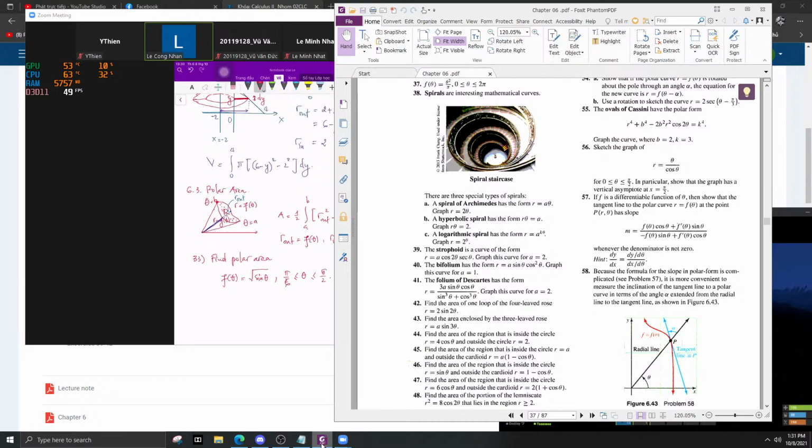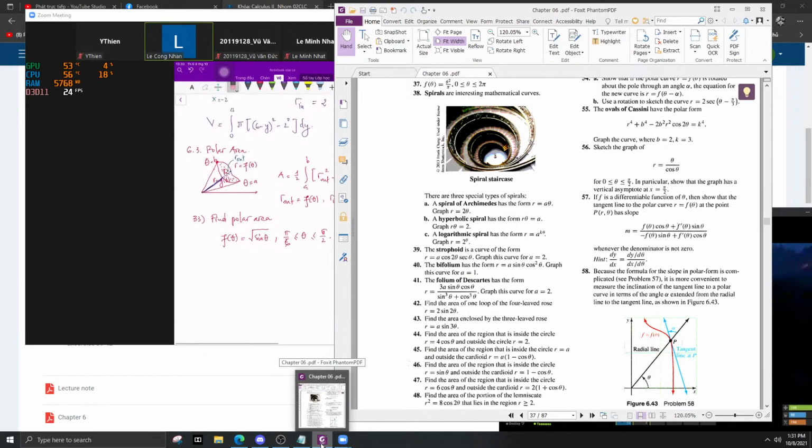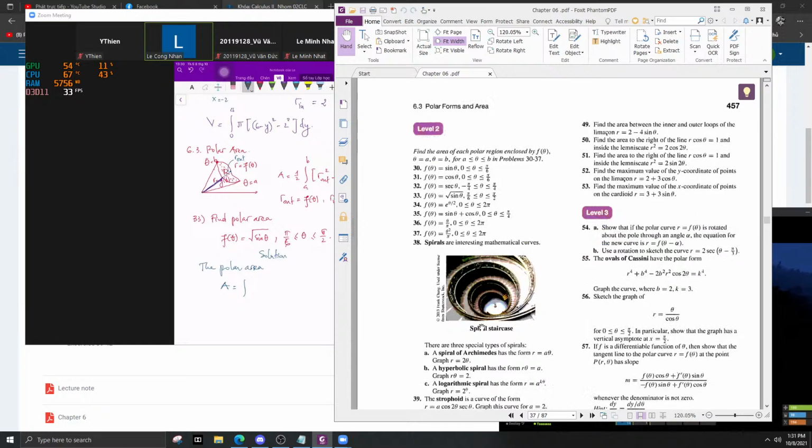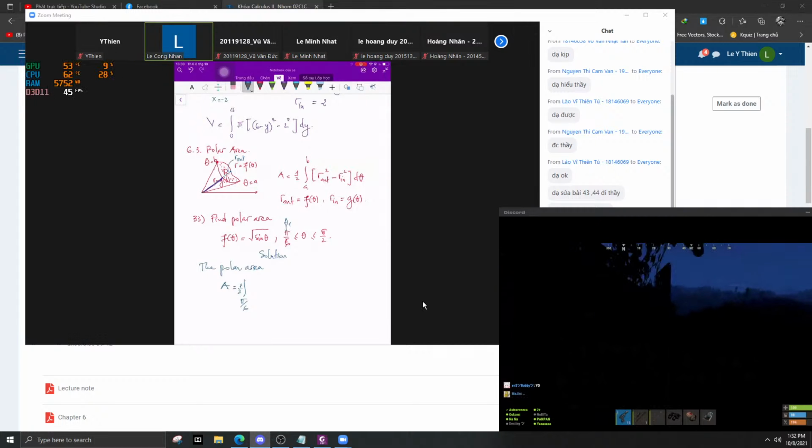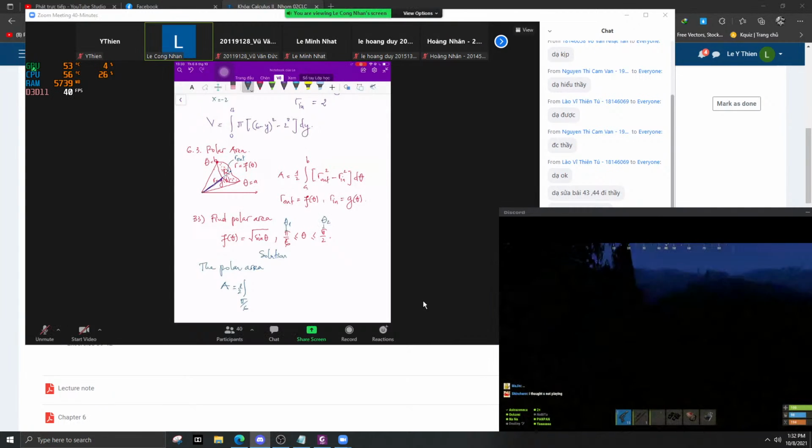Okay, so in this case, we know that the polar area is given by the formula A equal 1/2 the integral from theta 1, theta equal a, to theta equal pi over 2.